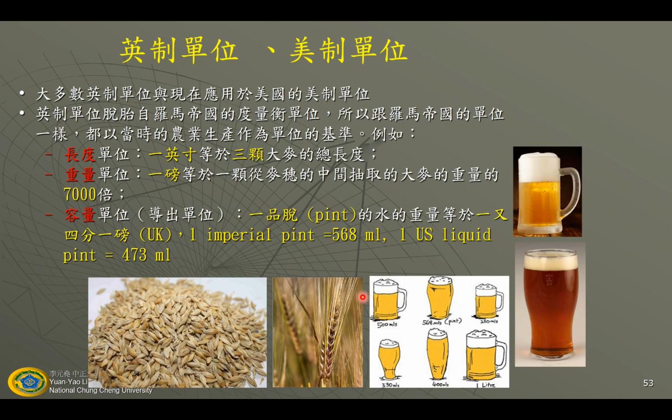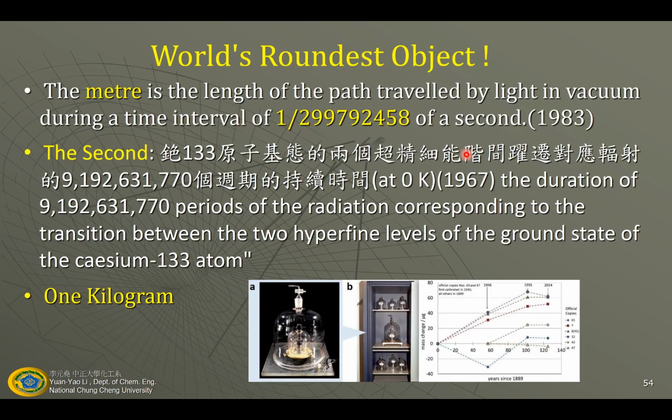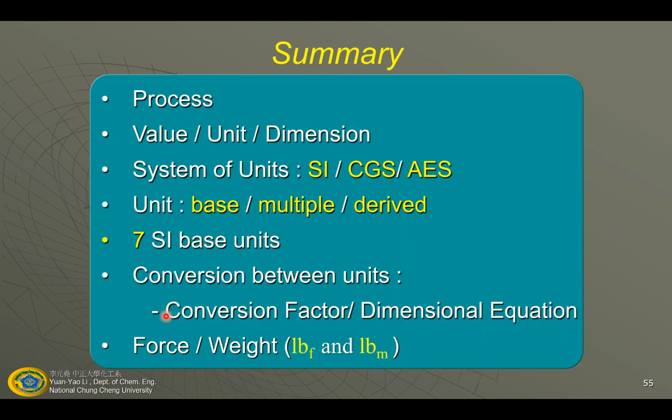In old times, you had the British unit and the American unit. So this is some information for you to know. And you know the meter, second, and gram are the three best units, right? So this is the definition of 1 meter, 1 second, and 1 kilogram, just for your information.